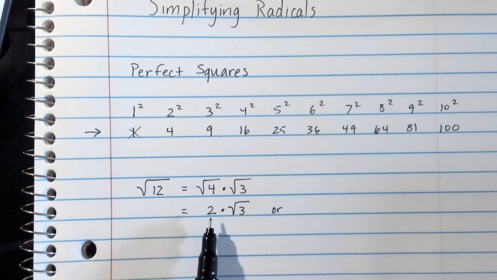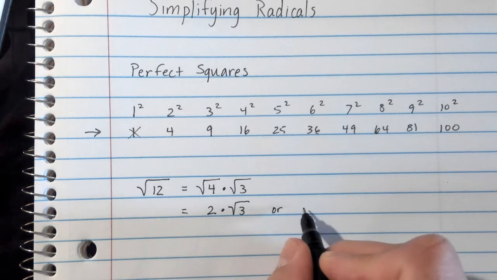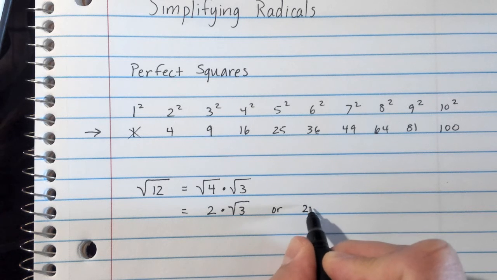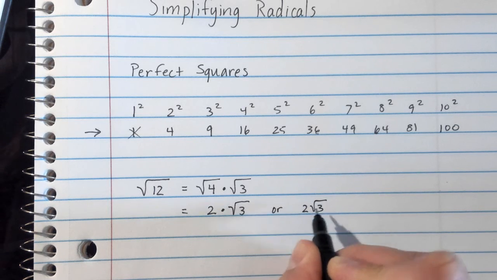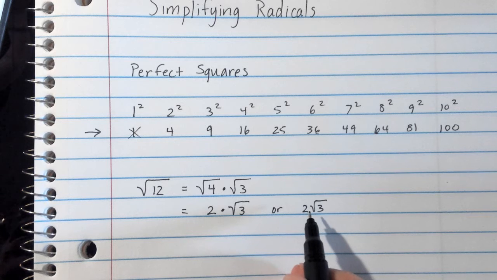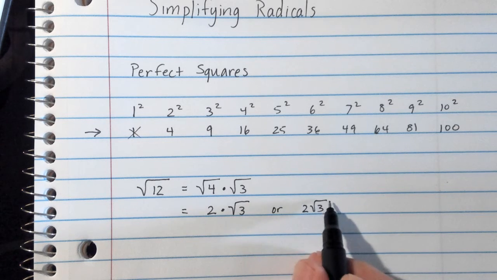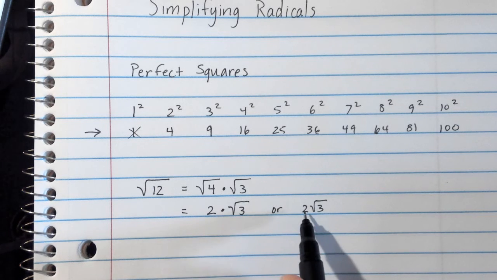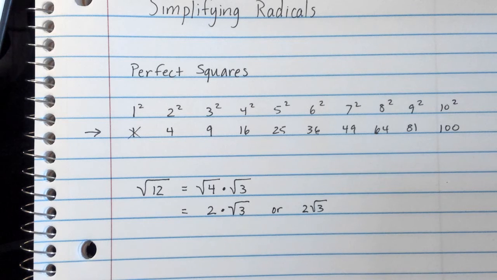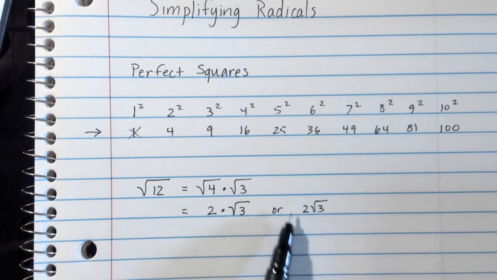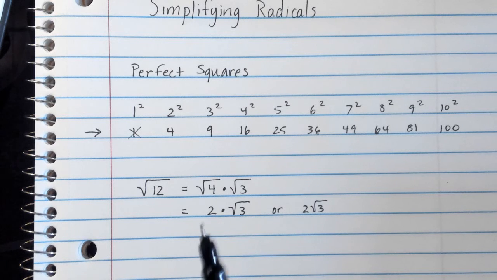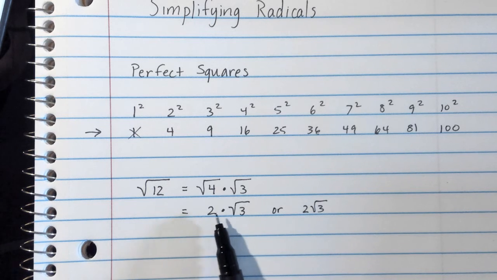So the way you say it is 2 times the square root of 3. If you don't see the dot in between, it still means the same thing, but I say 2 radical 3. A lot of teachers say 2 root 3. But if you want to be technically correct, and you're on the math team and you're asked how to say this, the only proper response is 2 times the square root of 3.